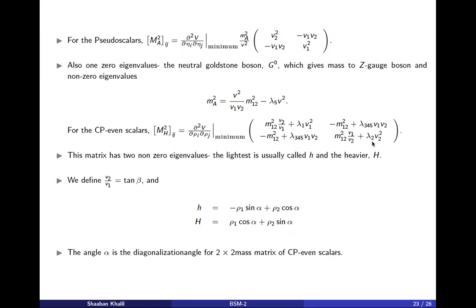And now again you get one zero eigenvalue, which is a neutral Goldstone boson G0, which is eaten by the Z. And since we have two doublets, one extra remains, and this is the physical pseudoscalar A with mass M_A, given again by M_12 squared over V1 V2 minus lambda_5 V squared. You should compare M_A with M_H plus.